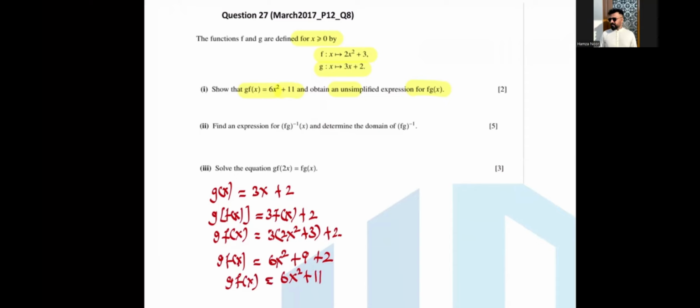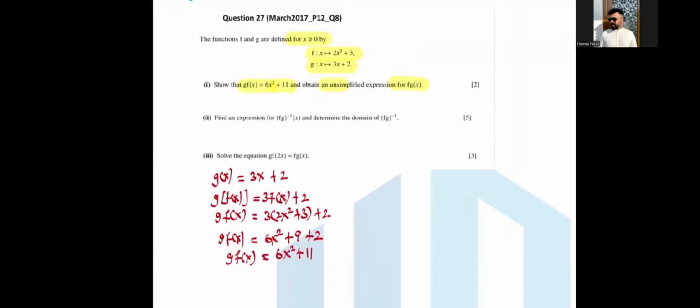Then we need to obtain an unsimplified expression for f(g(x)) as well. The f(x) function is basically 2x² + 3. So f(g(x)) means that the input of the f function is now g(x) itself.